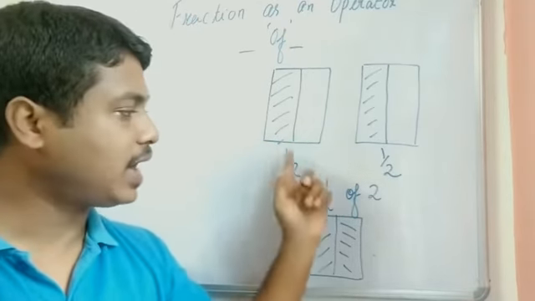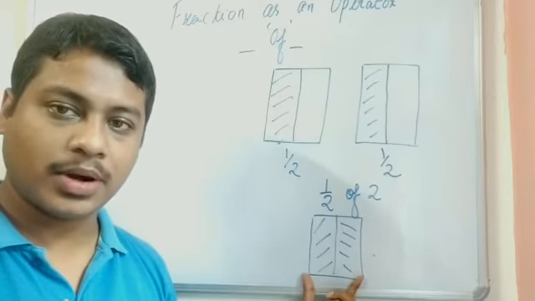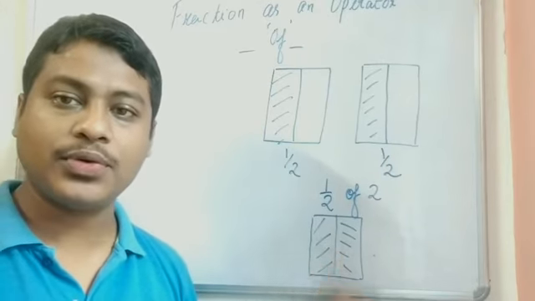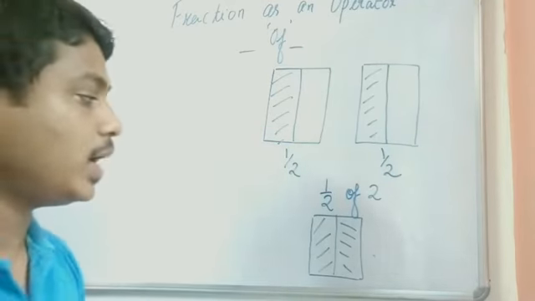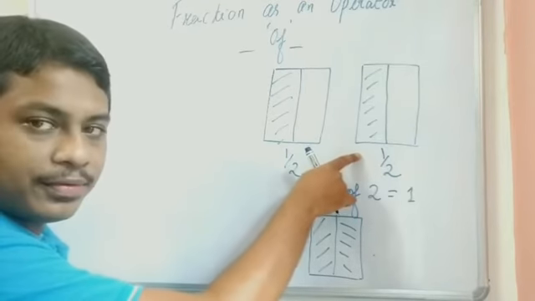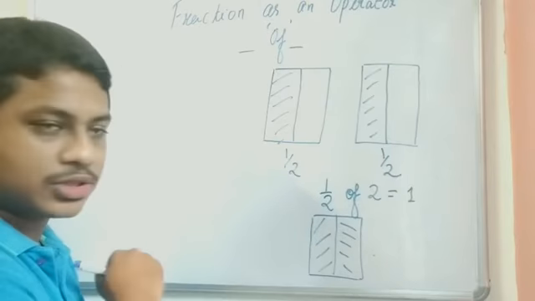If I combine this half and half, you'll get this shape. So half of 2 represents 1. Half plus half is equal to a whole body. You can see both the shaded portions are there.